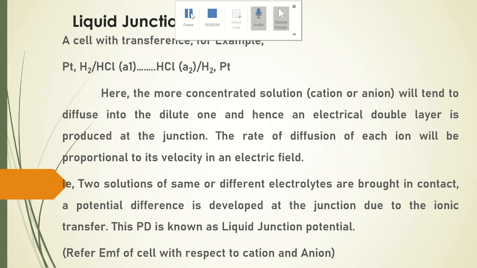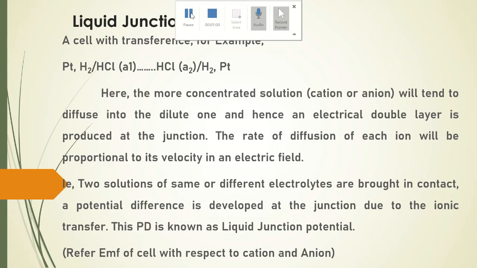Here you can see two cells, that is, two solutions of HCl at different concentrations, where a1 and a2 are the different activities of HCl.